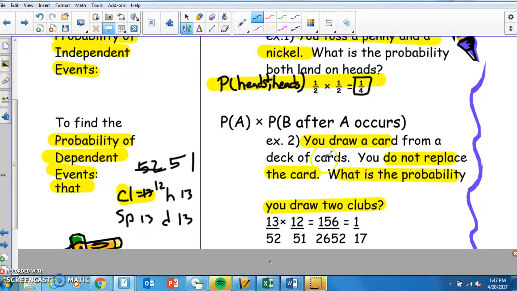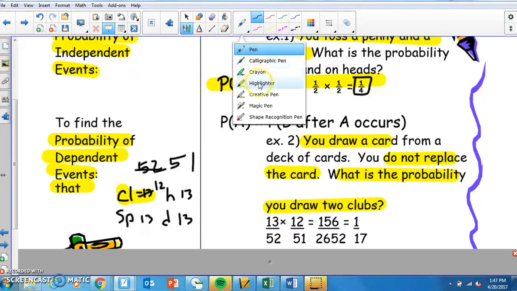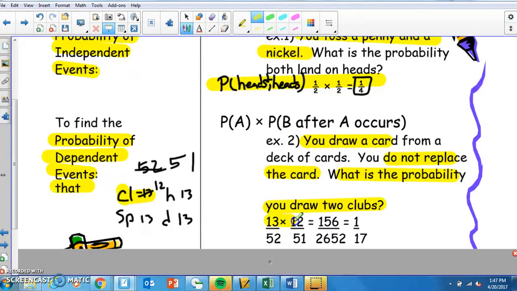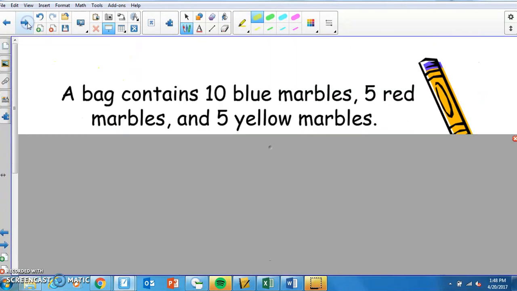When we multiply the fractions, 12 times 13 over 52 times 51, you get 156 over 2,652. When you simplify, you get 1/17. So our probability of drawing a club, not replacing it, and drawing another club would be 1/17.